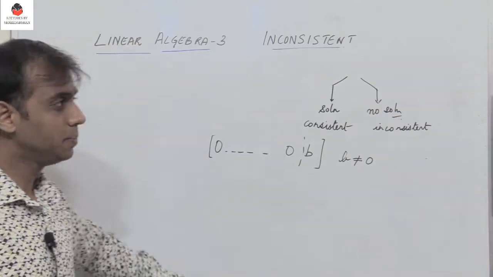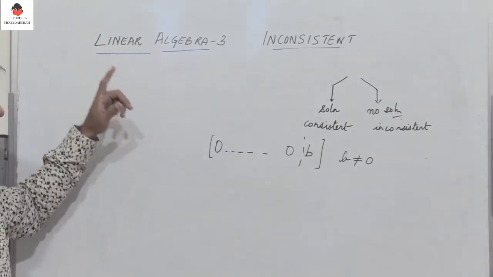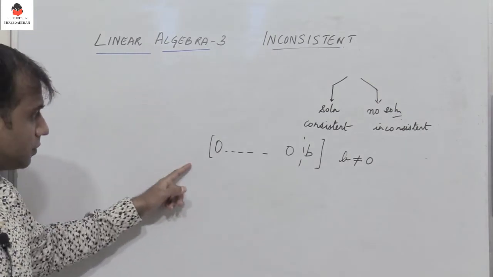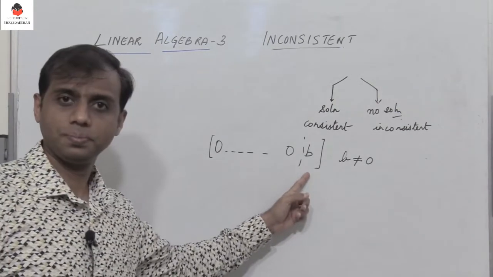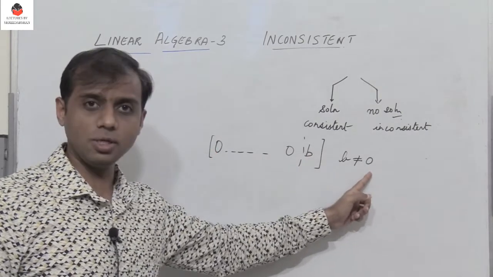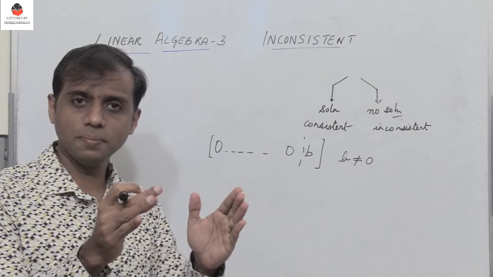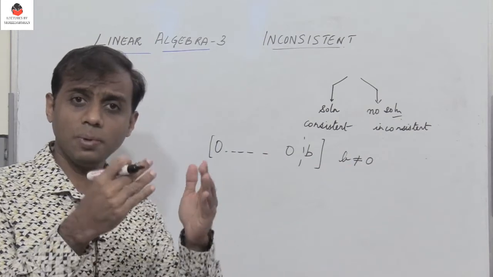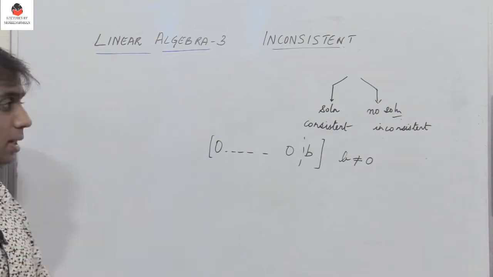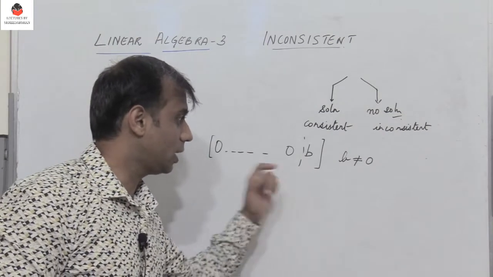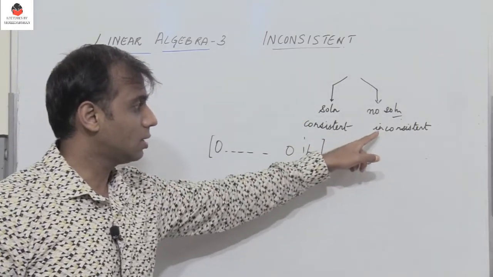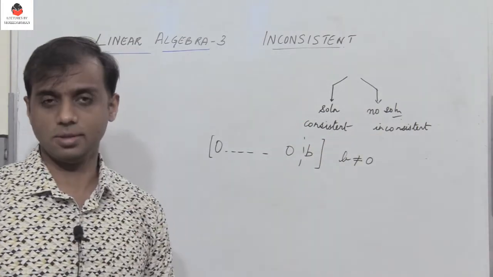Once again, I repeat. When are the system of linear equations inconsistent? From the augmented matrix, if I observe that the last row is of the form zeros and b, where b is not equal to 0, after you apply row transformation operations and get the reduced echelon form, then we conclude that the system of linear equations are inconsistent.